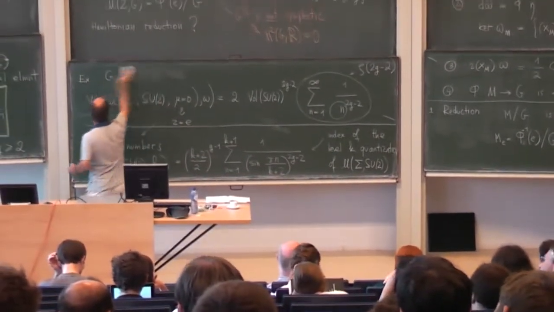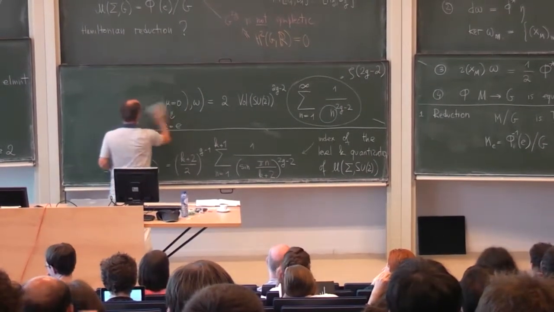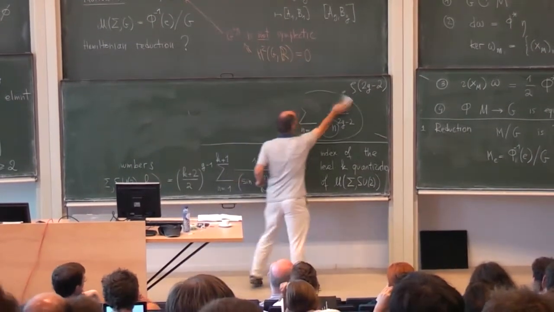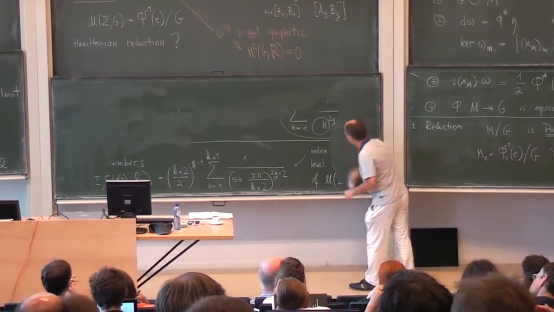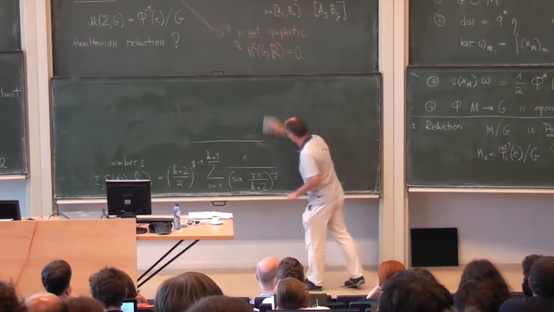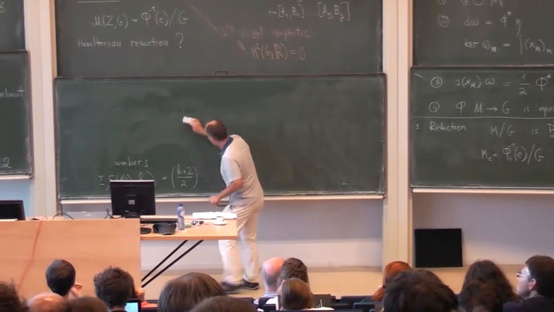Now, for computing volumes, what will be handy for us, and how volumes of reduced spaces are computed in the ordinary Hamiltonian case, one uses the Liouville form. So we need something like a Liouville form on this space.